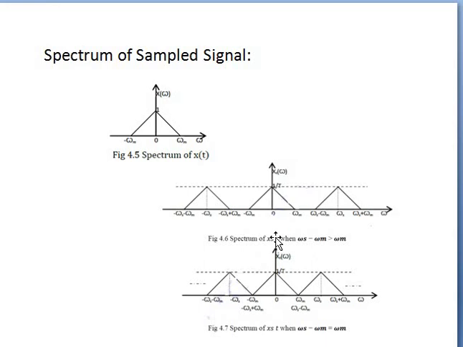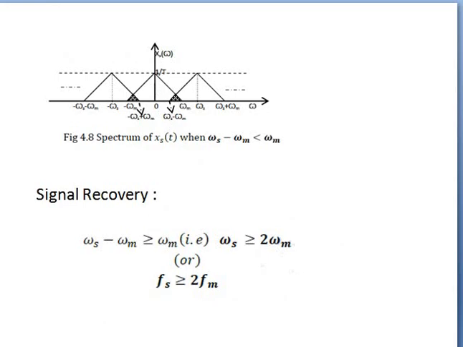Here there is a band gap between the adjacent spectra of the sampled signal, so this reduces the interference. The second condition is if omega s minus omega m is equal to omega m. Here there is no gap between the input spectrum and the sampled spectrum, but the possibility of occurrence of interference is minimum in this case.